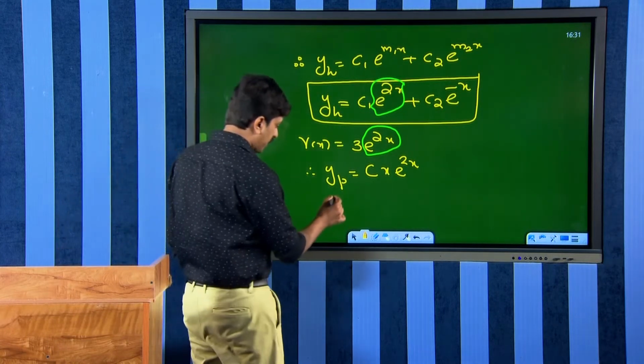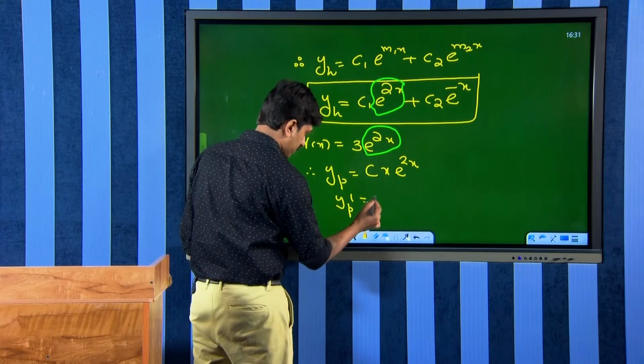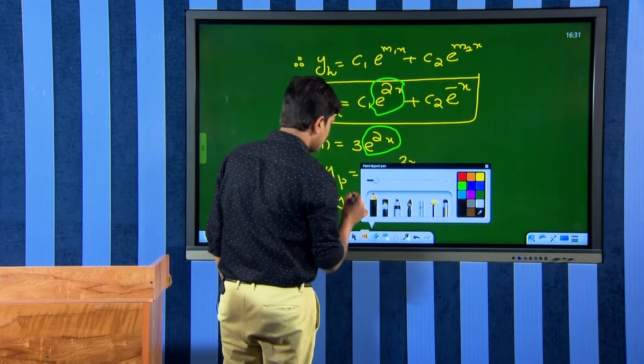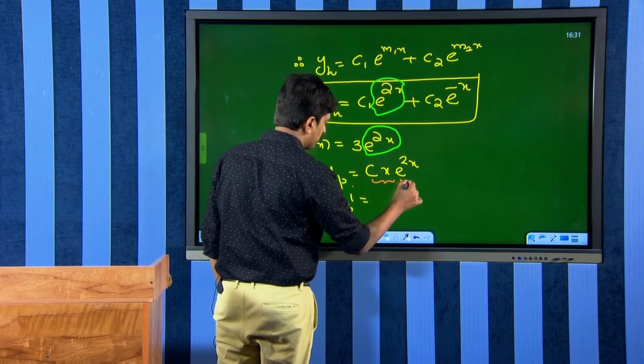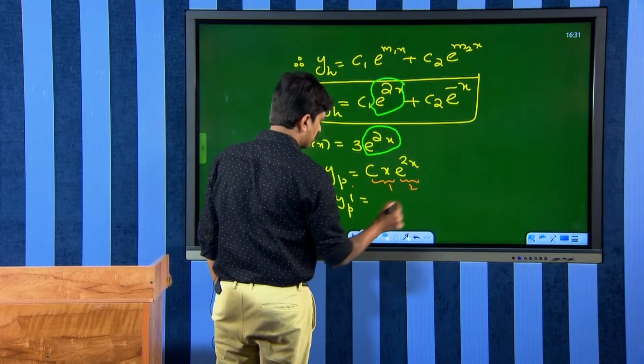So, yp dash is actually this is the first one and this is the second one.